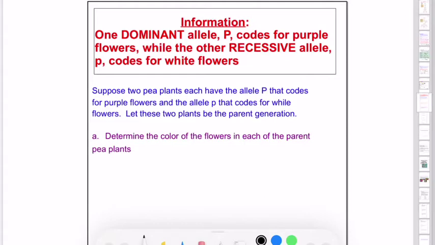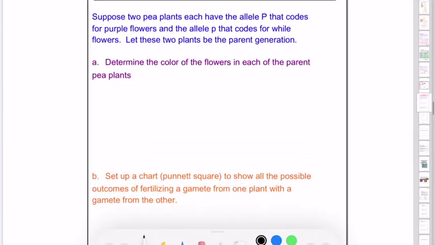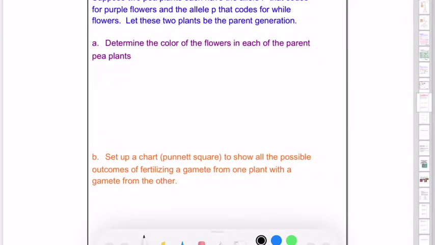Let these two plants be the parent generation. Okay, so this is our thing. So they're saying that our parents are big P, little p, and big P, little p.